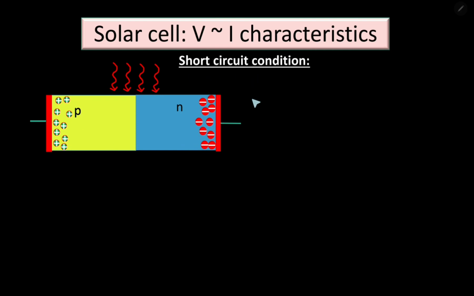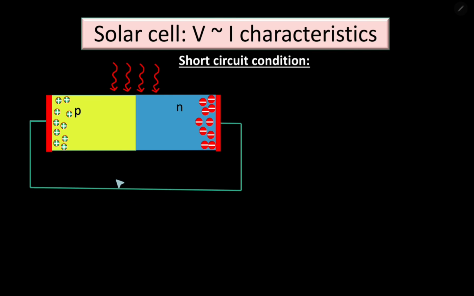Now under the short circuit condition, what we will do is connect these two terminals with a metal wire. So we are connecting these two terminals over here. There is no resistance in between. We have just connected the two terminals of the solar cell.